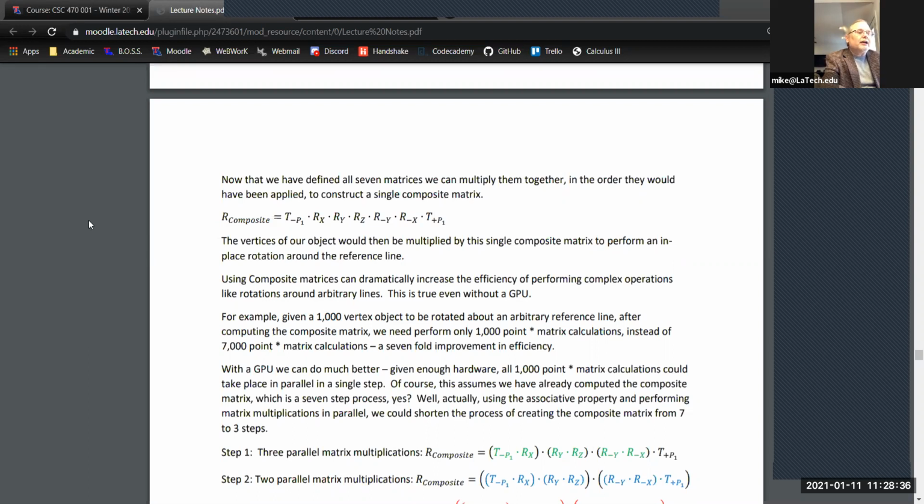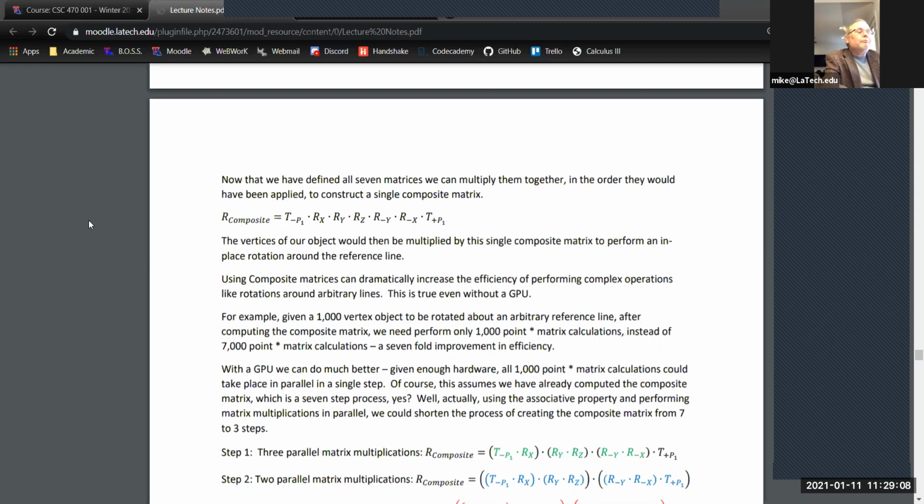So if I have a 1,000 vertex object that I'm trying to rotate, originally, without a composite matrix, I would have had to take all 1,000 of those points and multiply them each in turn sequentially. So all 1,000 points times the first matrix, and then the result of that, all 1,000 points times the second matrix, and then the result of that, all 1,000 of those points times the third matrix, all the way through that pipeline.